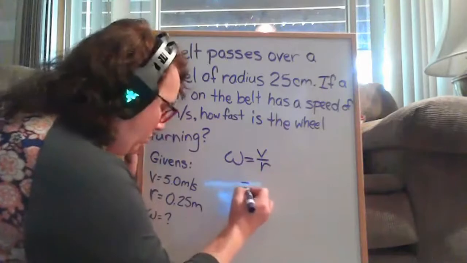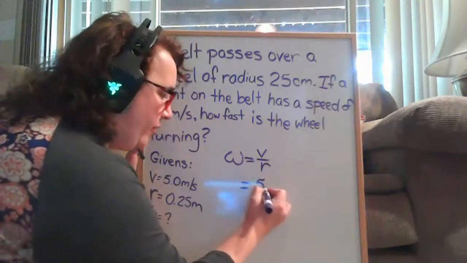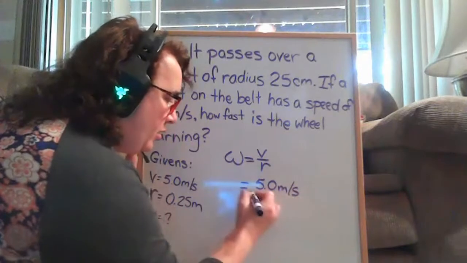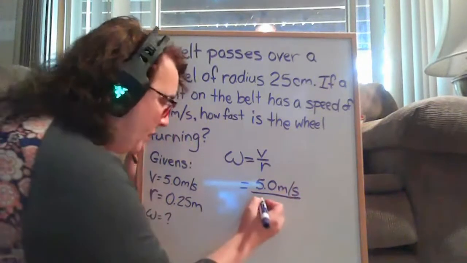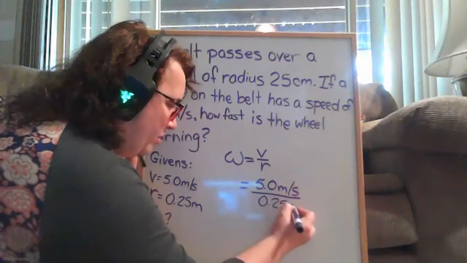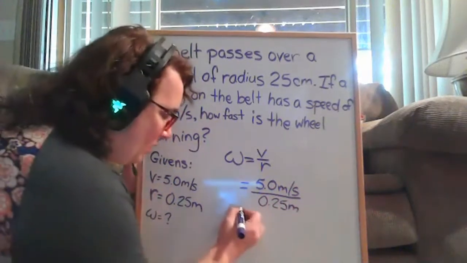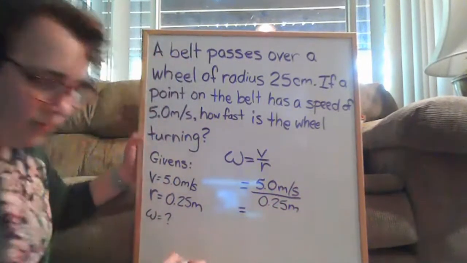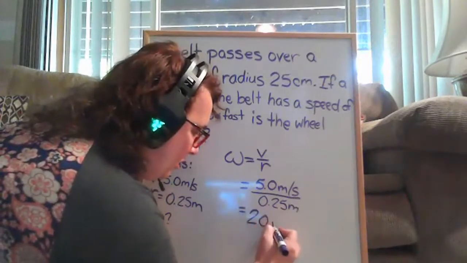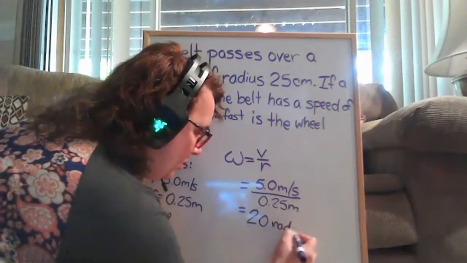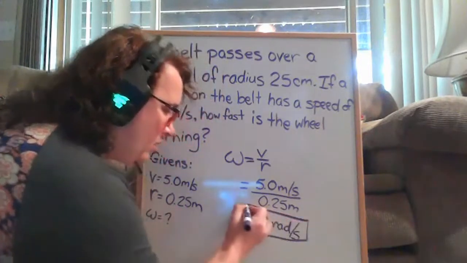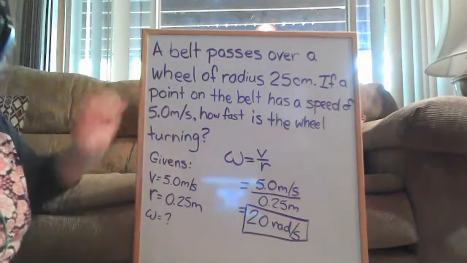So plugging in, we get 5.0 meters per second divided by 0.25 meters. And that is equal to 20 radians per second. Okay, 20 radians per second.